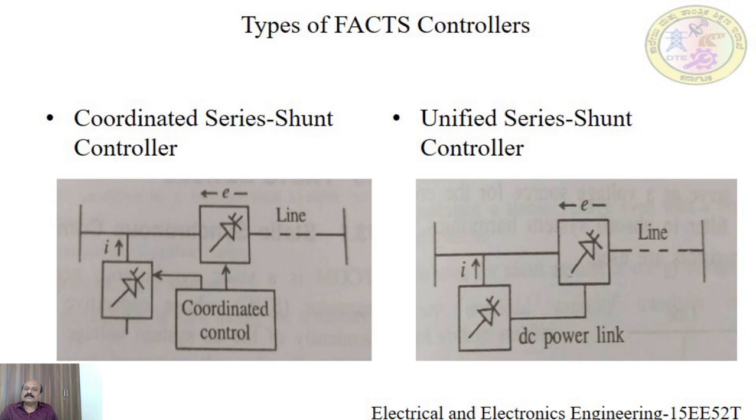With the help of this compensation, the variable impedance included in the line can compensate for the reactance drop. As long as these reactance drops are in phase quadrature, the system becomes stable, so that the power flow would be maximum.